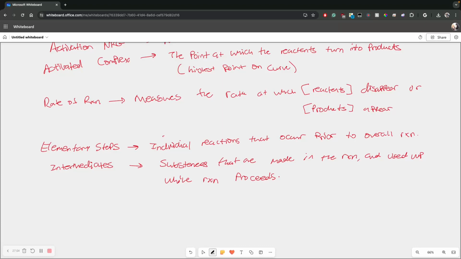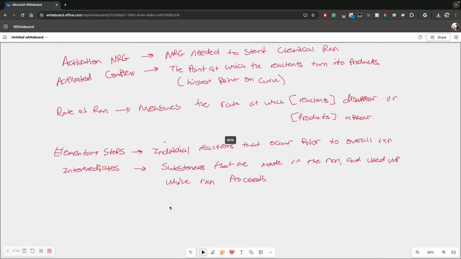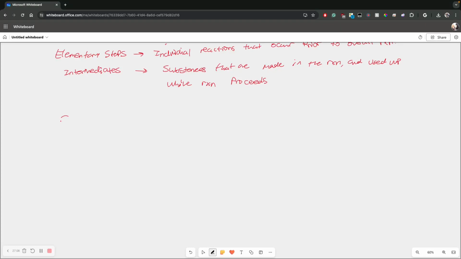So that's intermediates. And then we have Gibbs free energy, right? Gotta scroll down even more. Gibbs free energy is delta G. That's what you would call it. That looks like an A. That's not good. Delta G. That tells you the spontaneity of a substance.